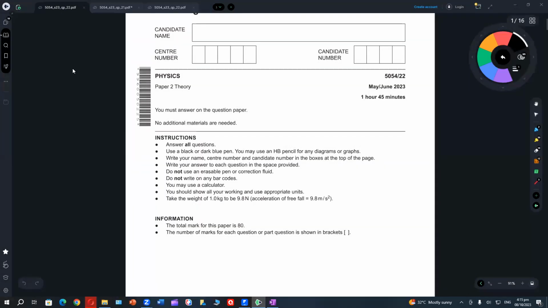Now, open the paper, June 2023, paper 22. Open this paper.